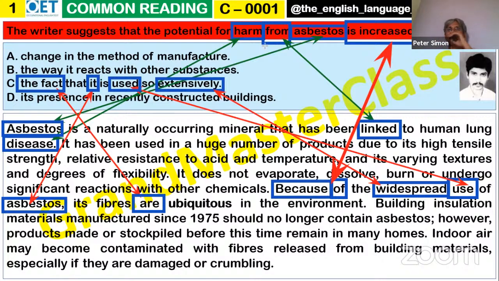So you have to understand the logic like this. Now, I have given you the idea for this question, how you have to sort it out.